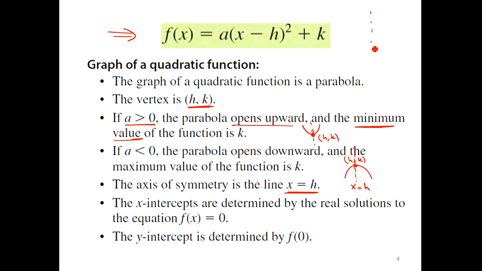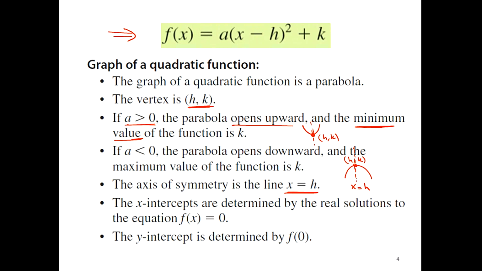So if we have this symmetry line and we have this graph, for example, we must have on the left-hand side the same curve as a mirror. This is x equals h.